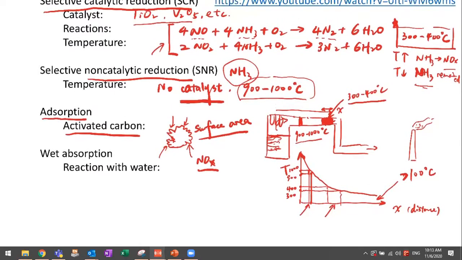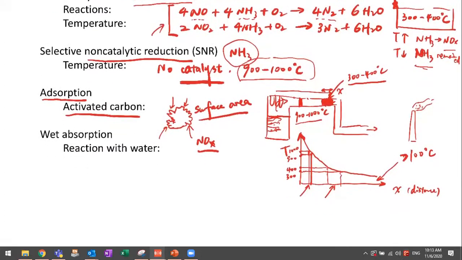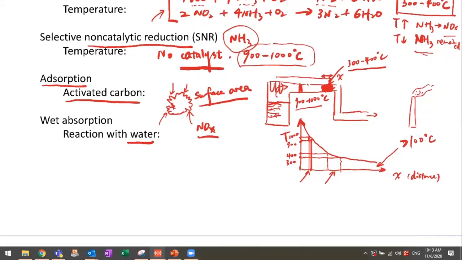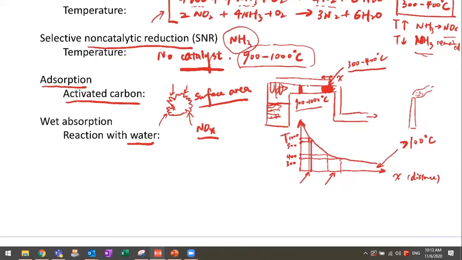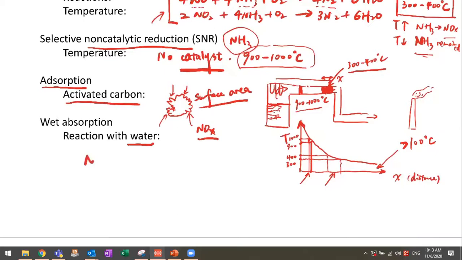So finally, we have wet absorption. Wet absorption just means we introduce water into the flue gas, right? In terms of the reaction with water, there can be nitrogen dioxide reacting with water, and also nitrogen monoxide reacting with water. Generally, this reaction is much faster compared to the nitrogen monoxide pathway.